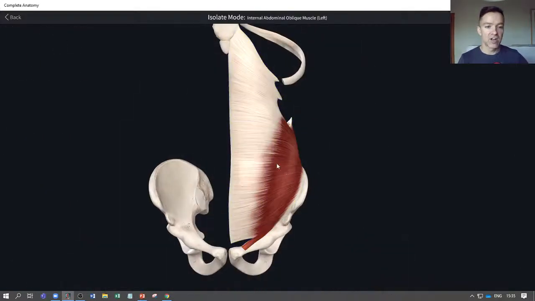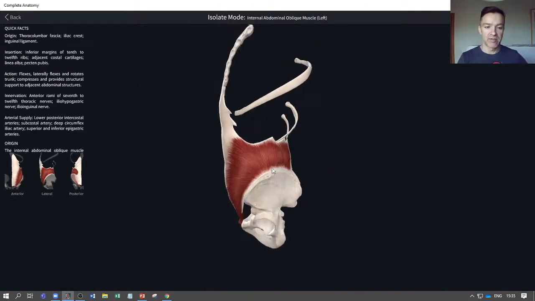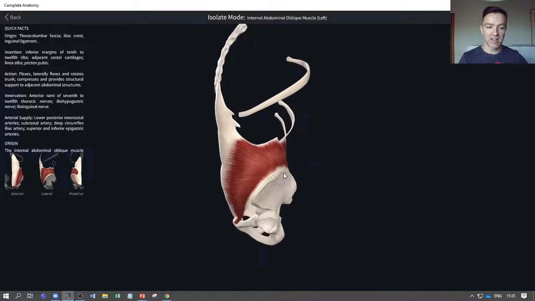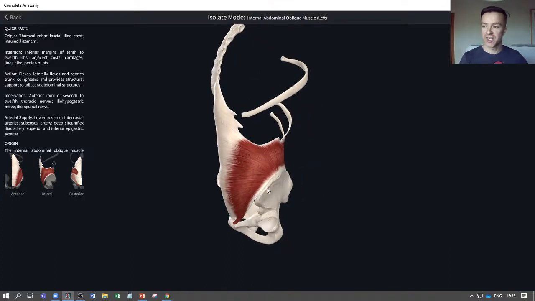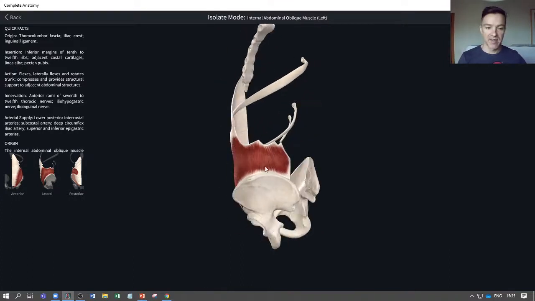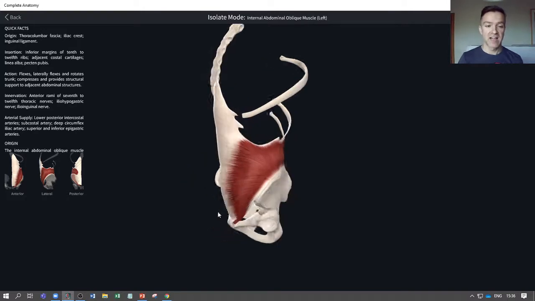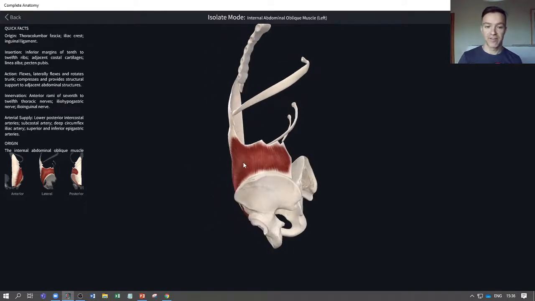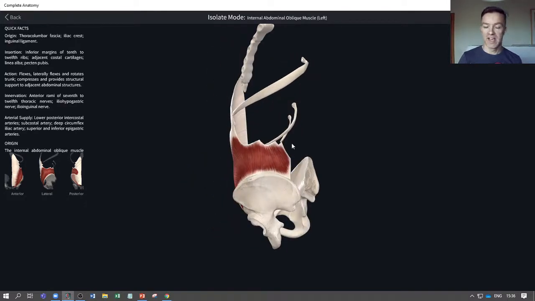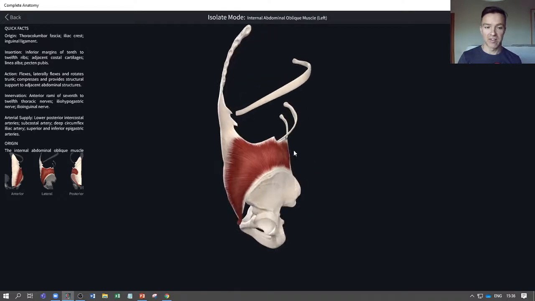The internal oblique, if we zoom out there, you can see it's got a pretty complex origin and insertion. It originates on the pelvis, on this iliac crest here, and down onto the pubic symphysis down here, and it inserts onto the linea alba, that band of connective tissue that we referred to at the start, and it also inserts onto a few ribs, ribs number 10, 11 and 12 as well.